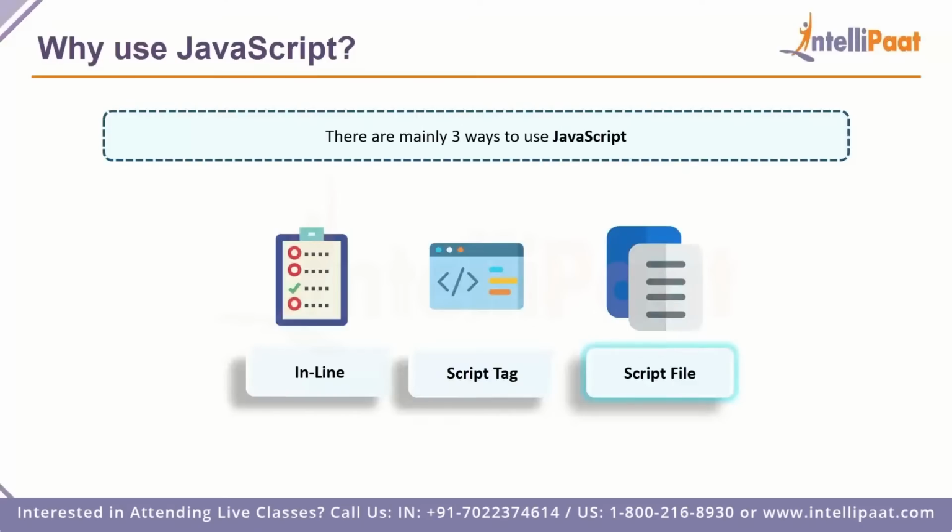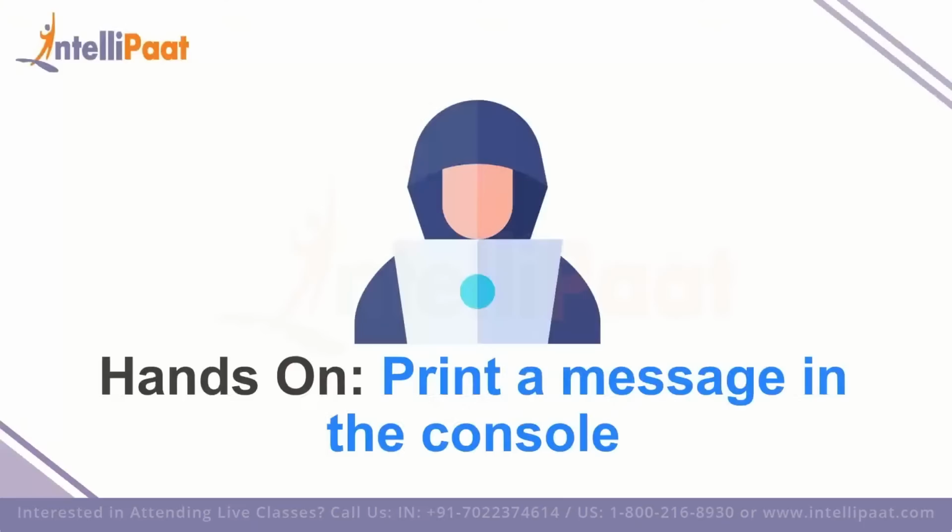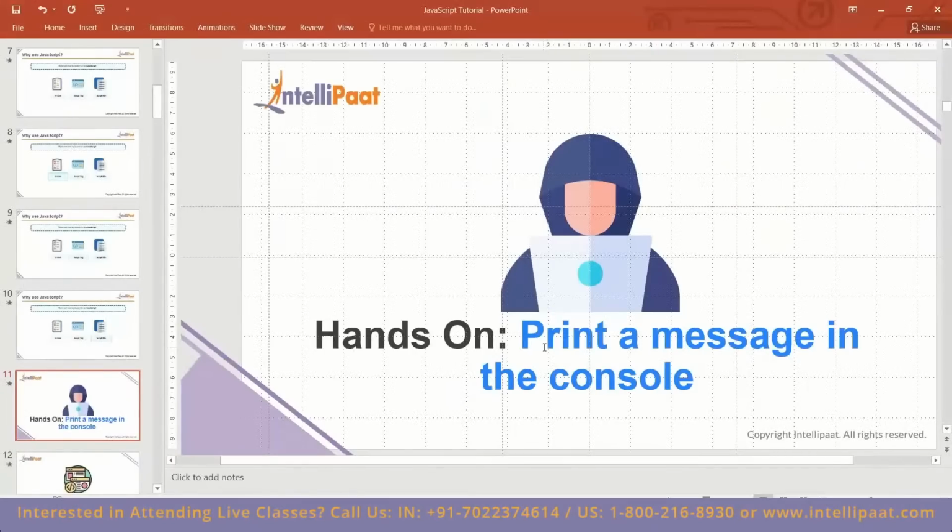Now, the reasons for the different kinds of script files is something we'll see in the hands-on, but basically it depends on how much of the entire HTML page is going to be affected by the JavaScript. So let's take a look at the hands-on and understand how you can write the JavaScript code. We'll be printing something on the console.